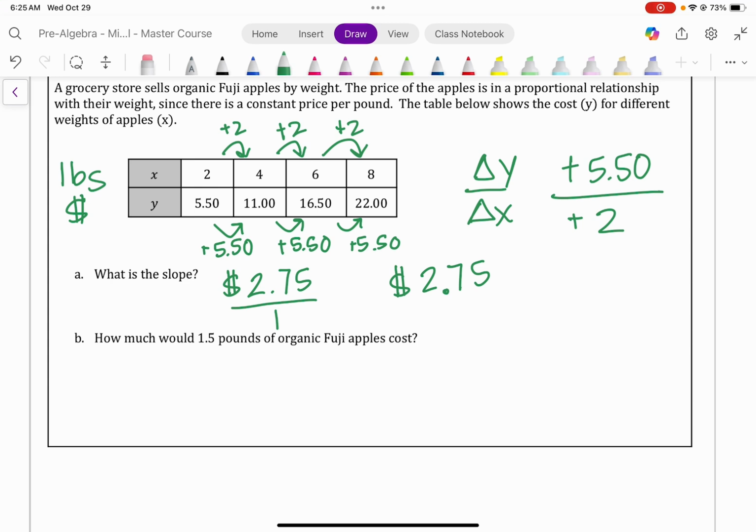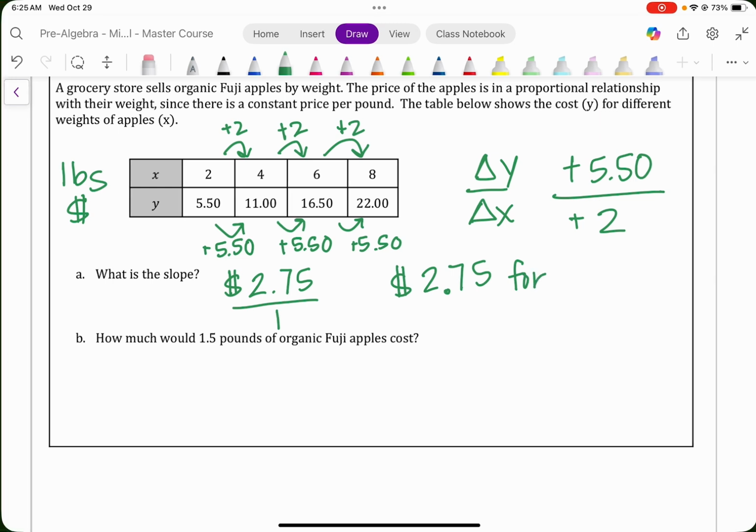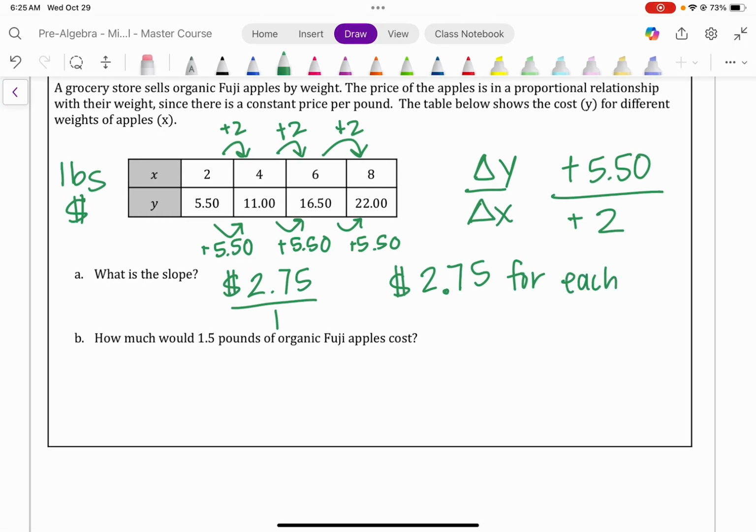Then we want to figure out how much 1.5 pounds would cost. If you buy a pound and a half of organic apples, we need to take that amount. We could write this equation: y equals 2.75x, because x is the amount of our apples. So we're going to take 2.75 and multiply it by 1.5.